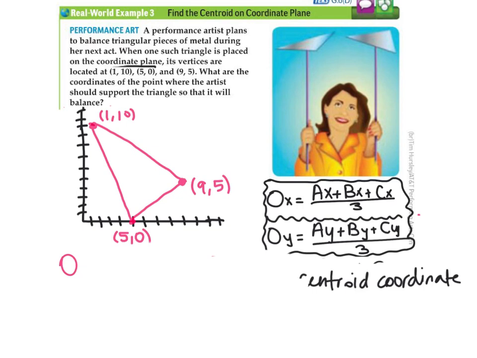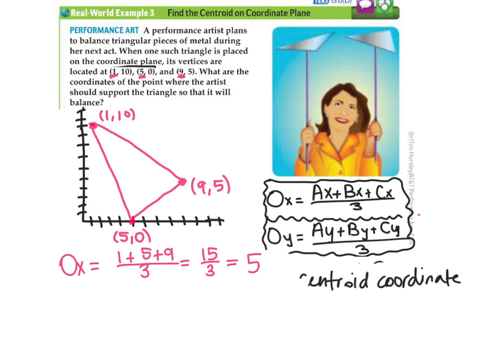I'm going to say my centroid x value is going to be this x and this x added together. So 1, 5, and 9. And then according to our formula, we have to divide by 3. So 1 plus 5 plus 9 is 15 over 3. So we know that our x value of our centroid is 5.